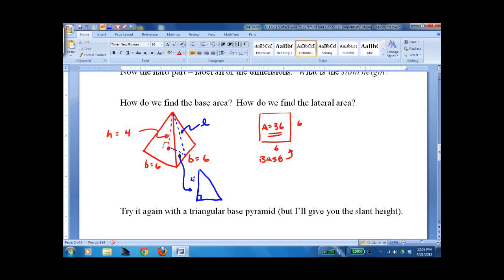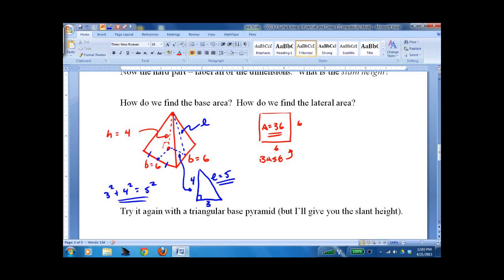We have 4 here, we have L, which we don't know here. We have base edge of 6. Well, if the base edge is 6, this cuts it in half. And using the Pythagorean theorem, we know we have a 3, 4, 5, because 3 squared plus 4 squared will equal 5 squared. It's what we call a triple, and it's sitting up on the wall in my classroom.